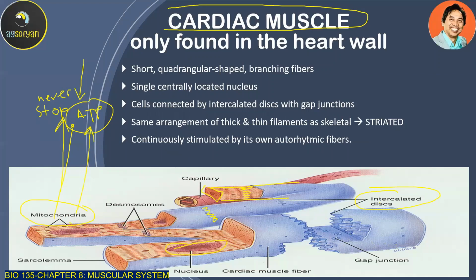Between the cells, there is the intercalated disc, and it has a special type of junction. It's called the gap junction. So it means that the electricity can go from one cardiac muscle to another using this gap junction. Therefore, the contraction will be transferred from one cardiac muscle to another very fast.